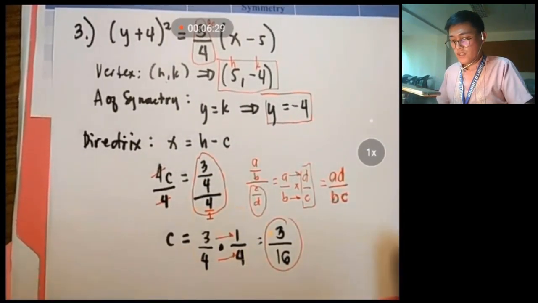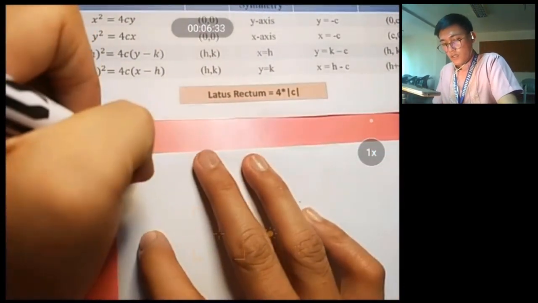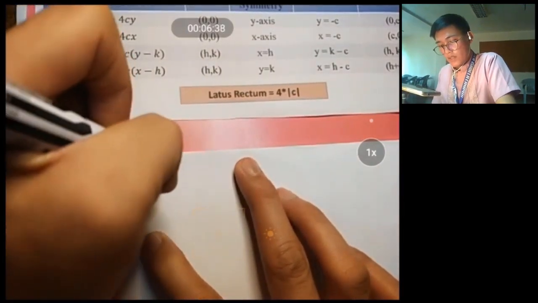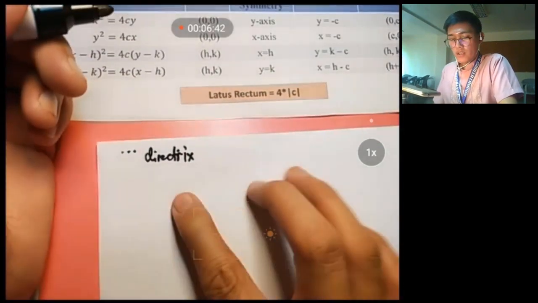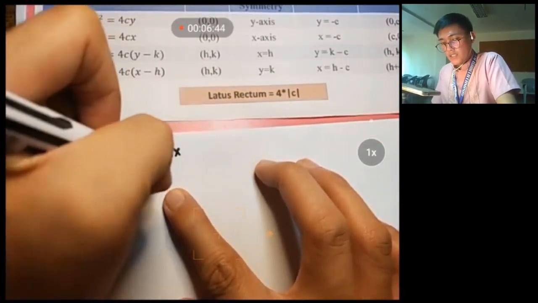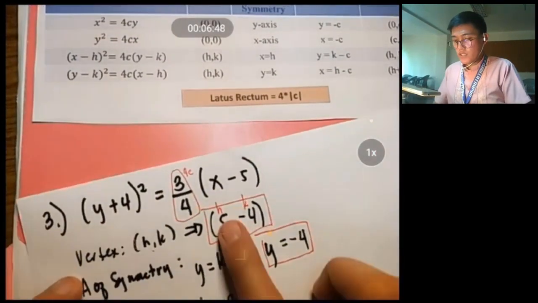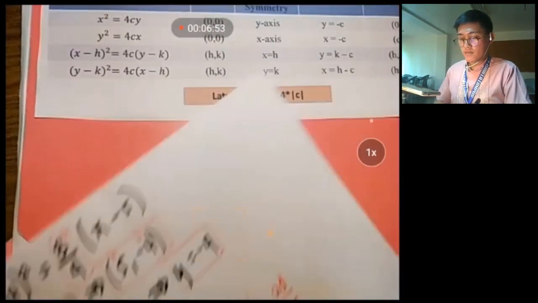Okay, let's solve the directrix. Let's continue here. The directrix is x is equal to h minus c. And our h value is positive 5 and our c value is 3 over 16.